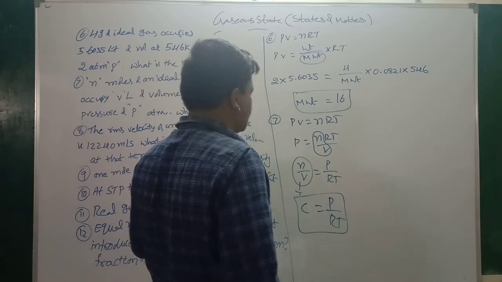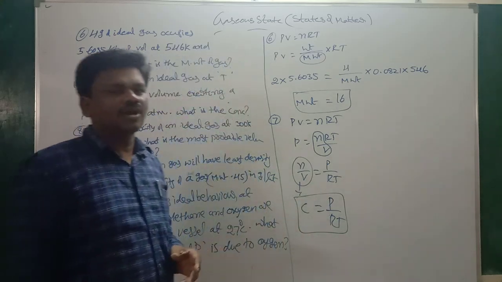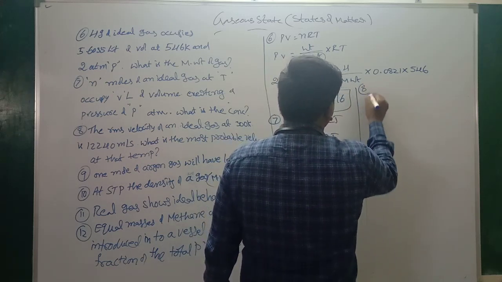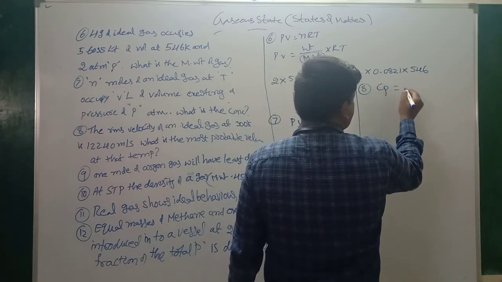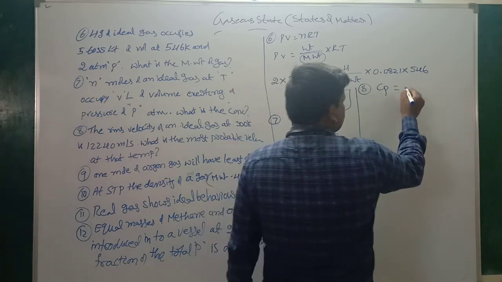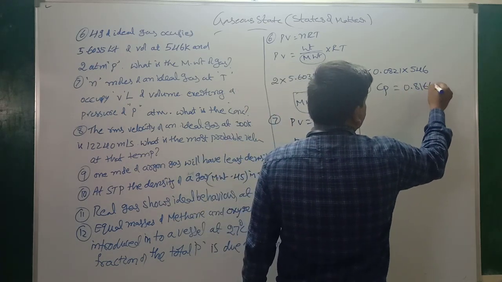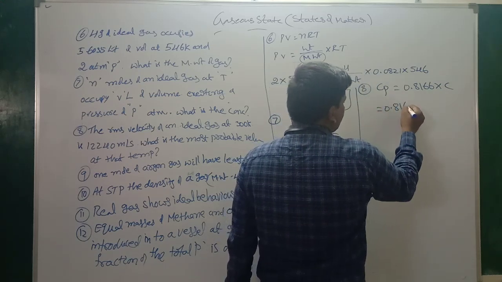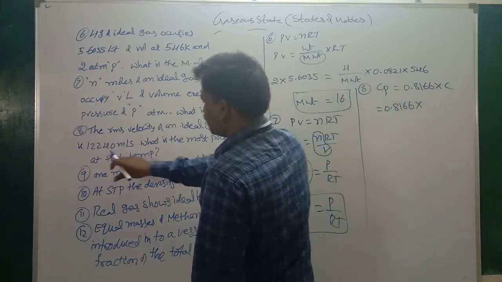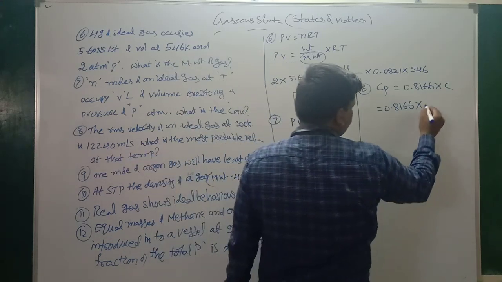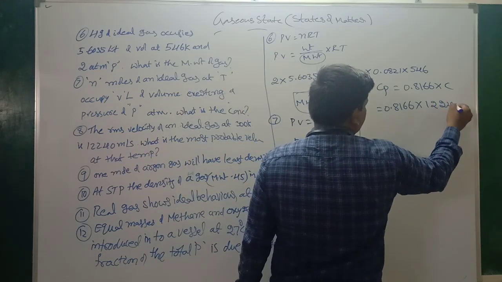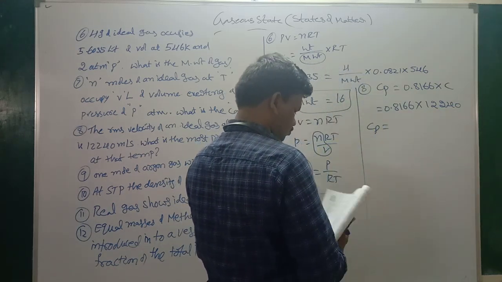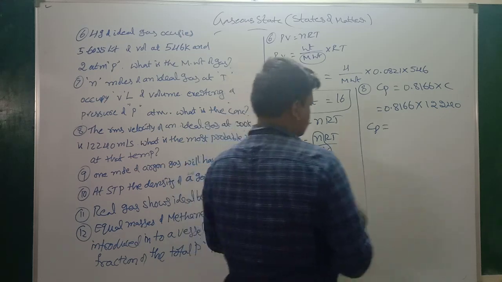First of all, the relation between RMS velocity and most probable velocity: most probable velocity Cp equal to 0.8166 into RMS velocity. Here RMS velocity is 12,240 meter per second. Then most probable velocity is equal to 10,000.